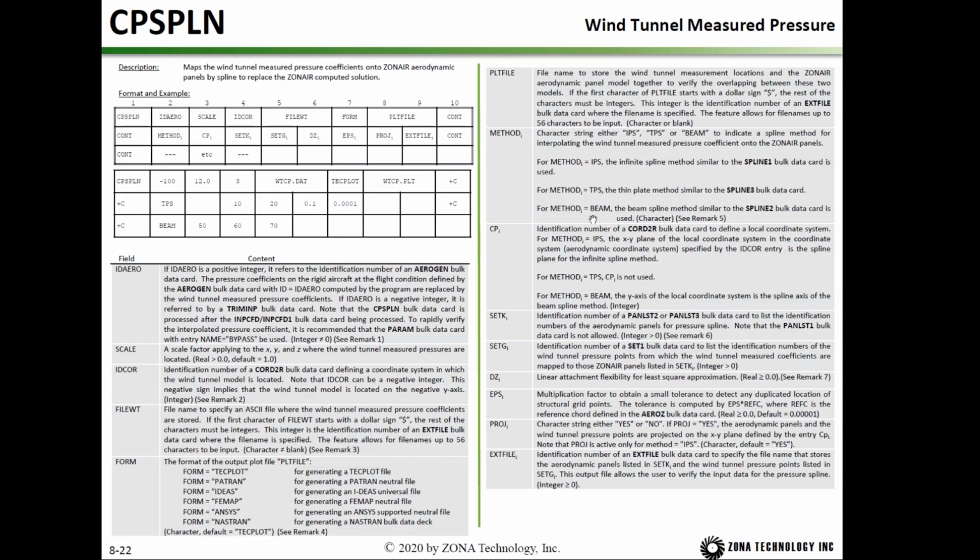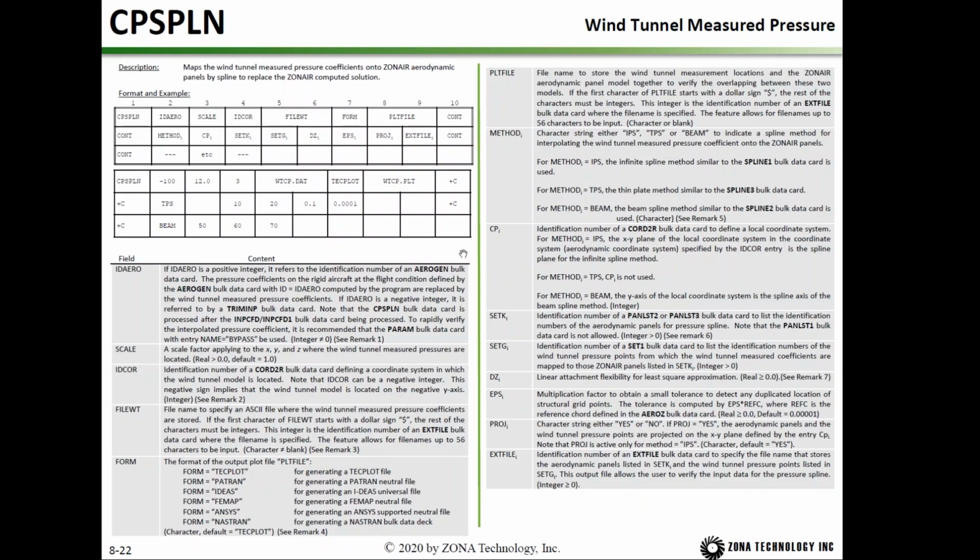If you use a beam spline, the beam spline needs a spline axis; the y-axis of the coordinate card is the spline axis. If you use TPS, it's a 3D spline, then you don't need to define a coordinate card.